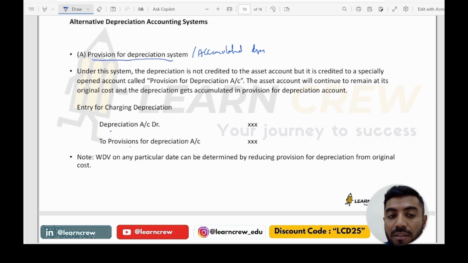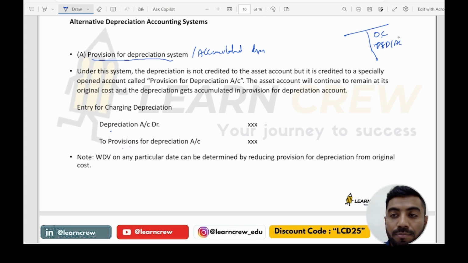So what happens in this method? If you follow this method, the cost of an asset in the balance sheet will be shown at the original cost itself. And the depreciation will also get accumulated, and the total depreciation will be shown as provision for depreciation or accumulated depreciation at its total value.